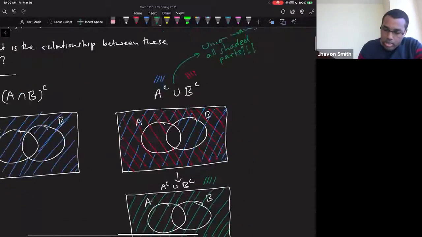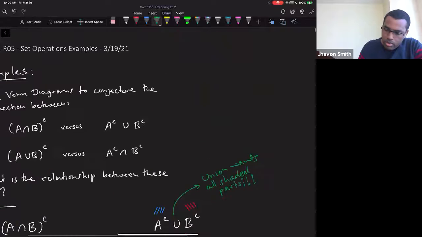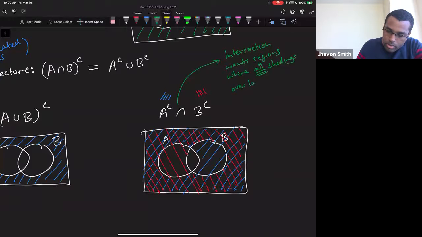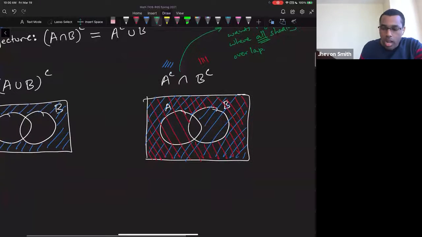So intersection, how did I phrase it? The intersection wants regions where all shadings overlap. You need everyone to be in common. Meaning it's not good enough that this part is shaded red but not blue.